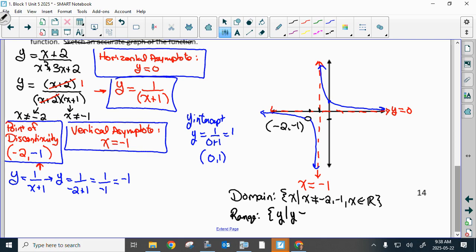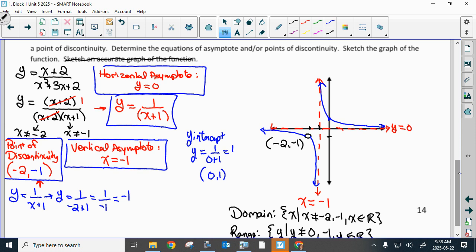There's y can't equal 0, but y also can't equal -1, which was the y value of the point of discontinuity. So you have to put the -1 in there. And there's your rational function, domain and range, all the critical features.